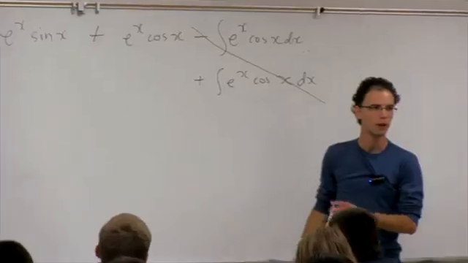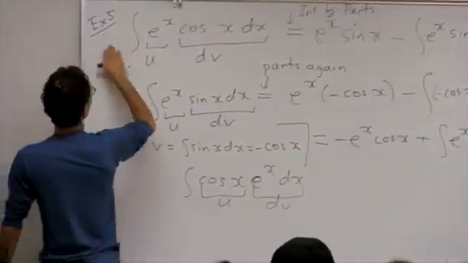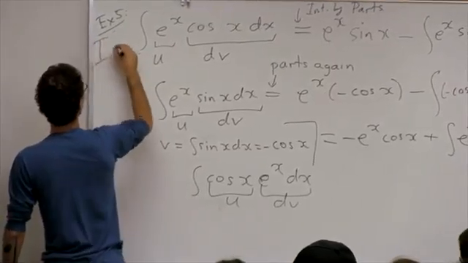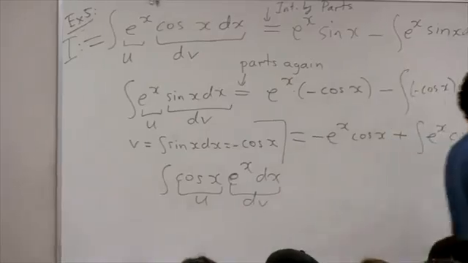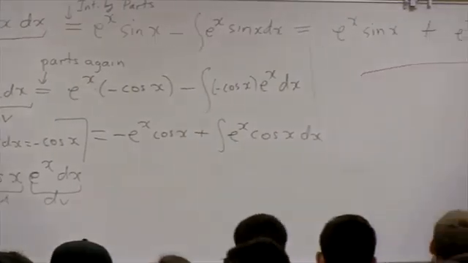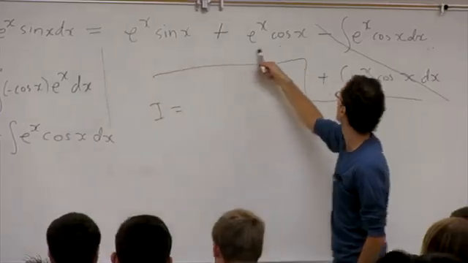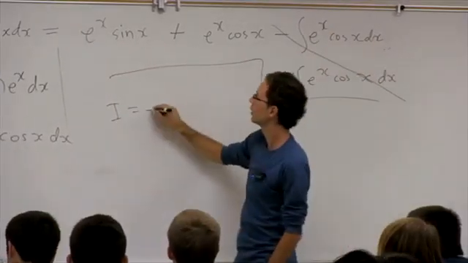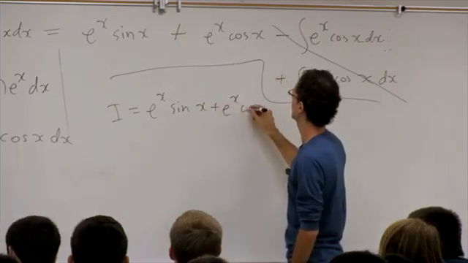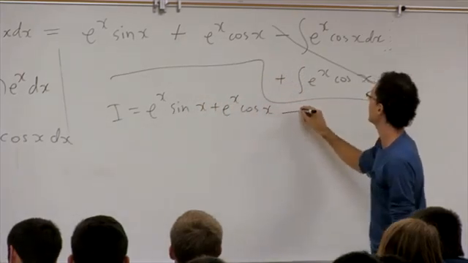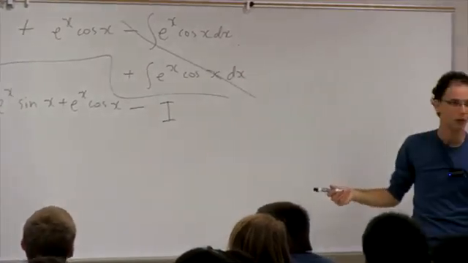So let me write this out in a way that's a bit more clear. Let's call this original integral I. It's just defining I to be this integral. And we discovered that this integral was this quantity, e to the x sine x plus e to the x cosine x minus I, because it's the same integral we started with.